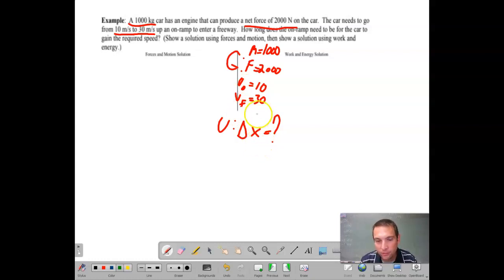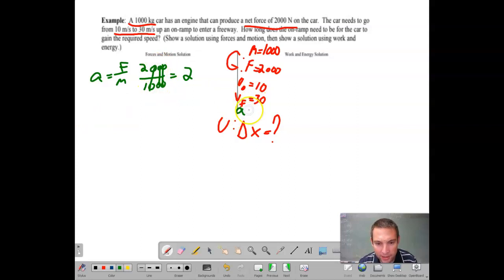Sure would be easy if we had a constant acceleration, because then we could just use constant acceleration equations. Let's get our acceleration. We know that acceleration equals force over mass. Force is 2,000 divided by 1,000, and that's going to give us 2 meters per second squared.